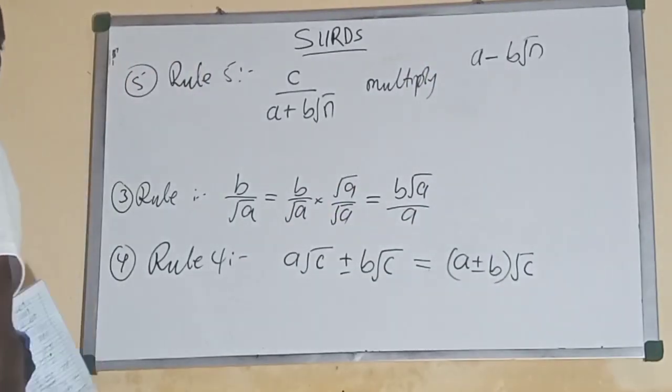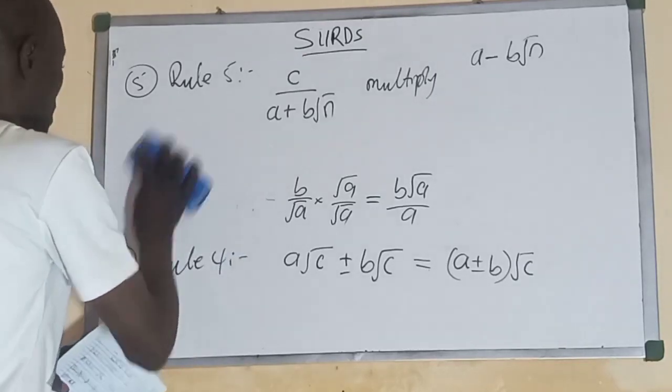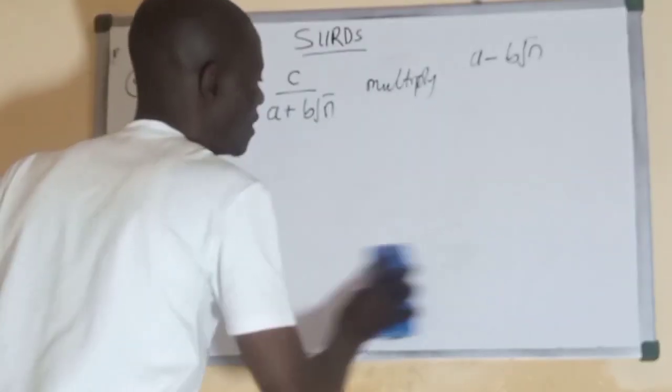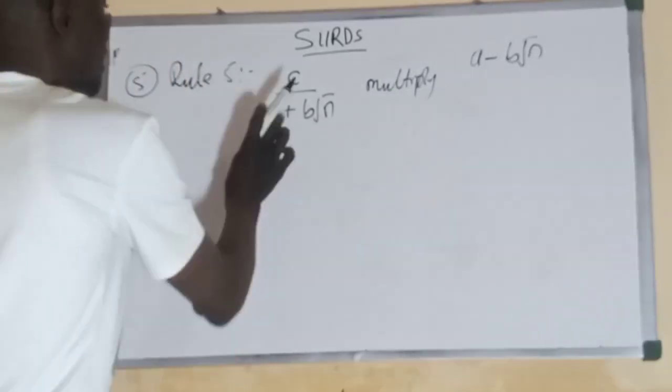Rule number 6 is the same as rule number 5, it just comes with a negative here.